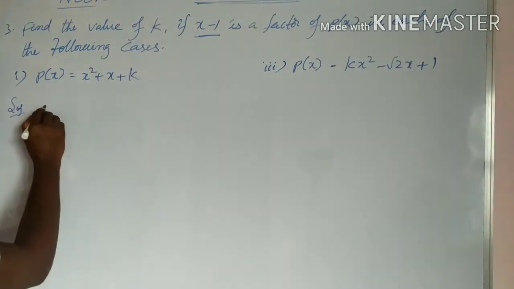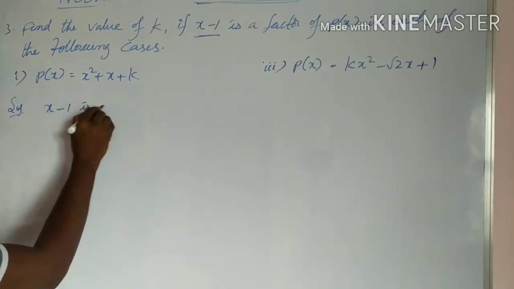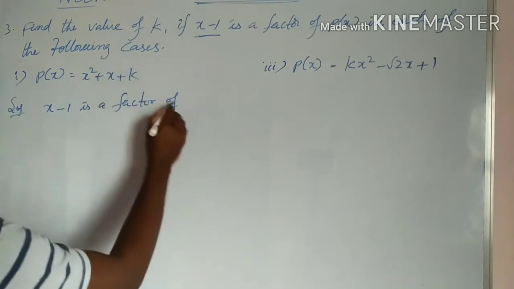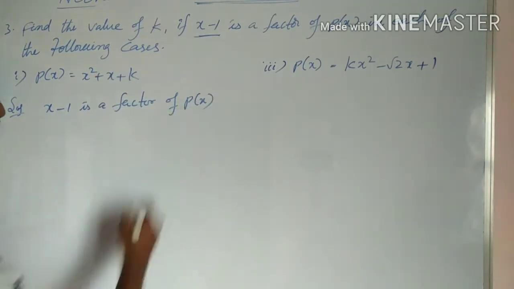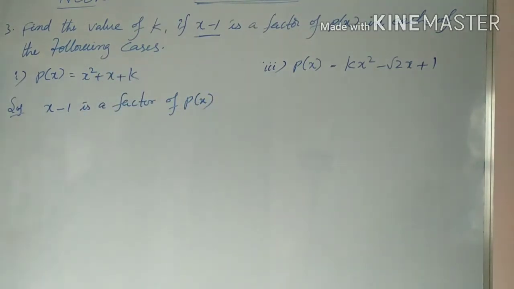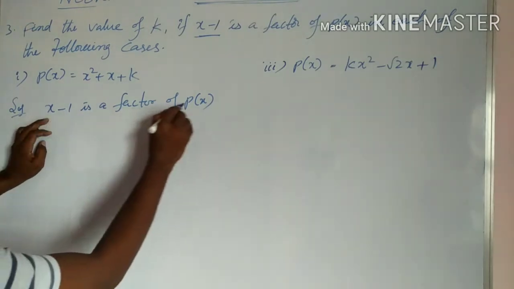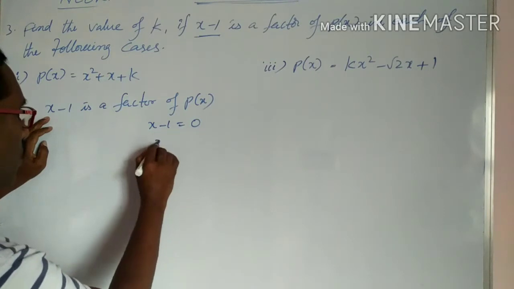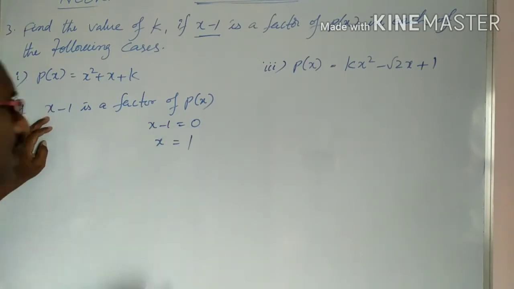Here, first question: x minus 1 is a factor of p of x. Therefore, now see here, x minus 1 is a factor of p of x. That means x minus 1 is equal to how much? 0. x is equal to minus 1 becomes plus 1.